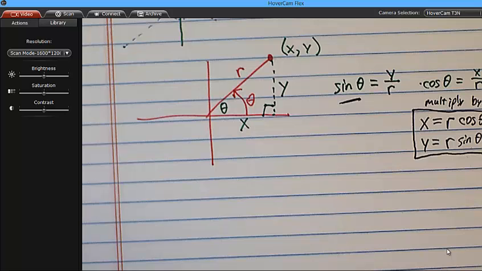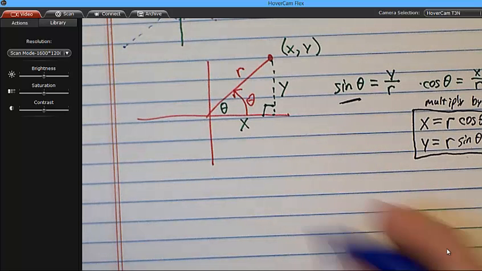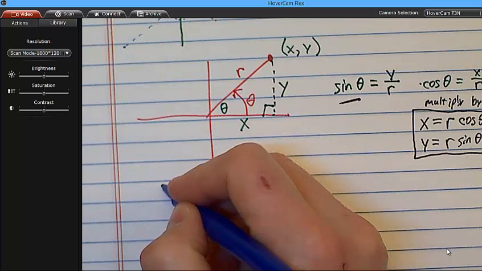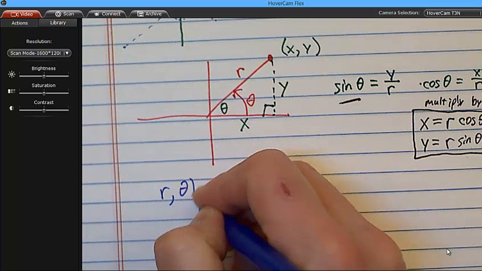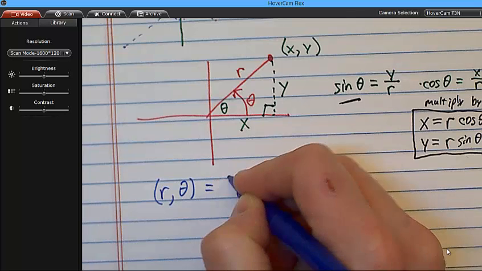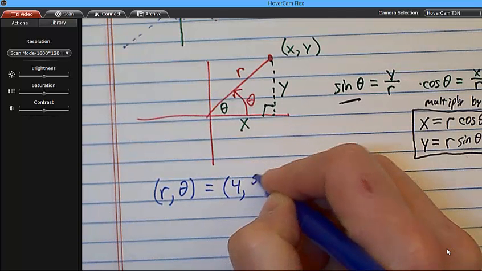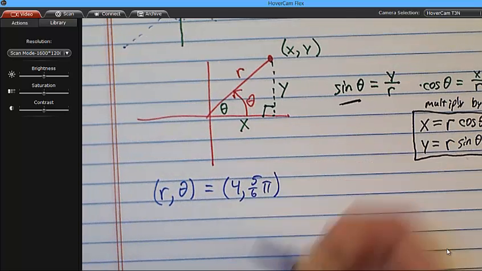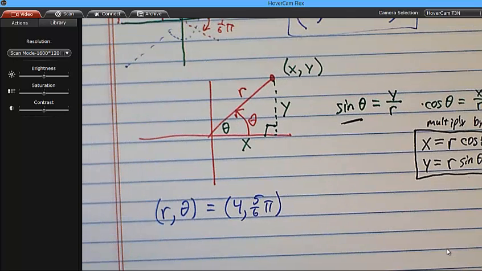And actually, I should check and see that that works. Take the problem we just had. We had that my r, theta in the last problem was 4 and 5/6 pi. So if I want to get the x and y coordinates, I can use that formula, right?